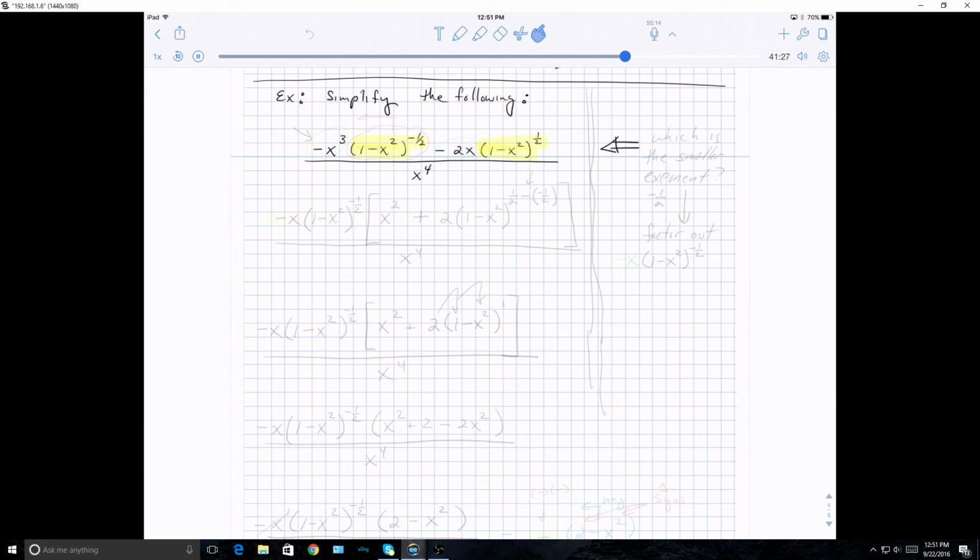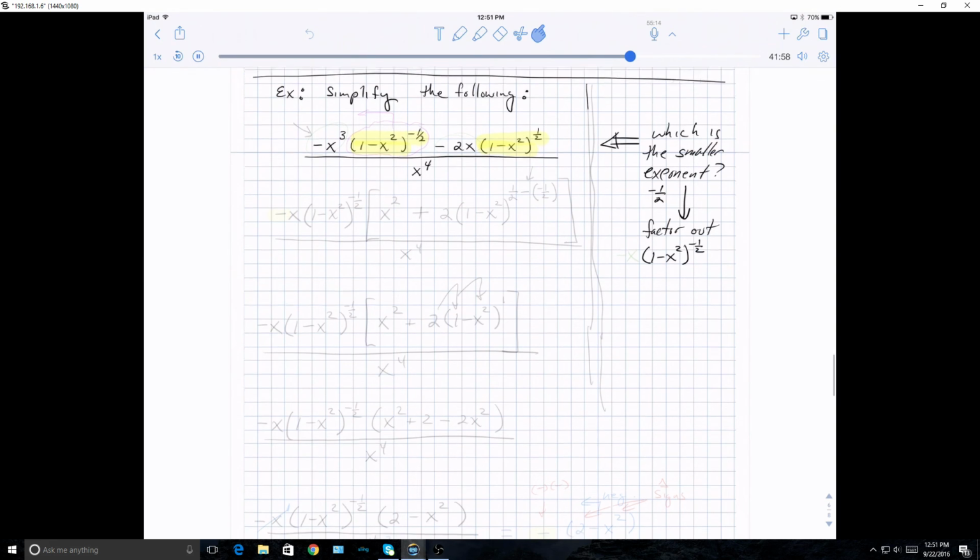And what we have to ask ourselves is, which is the smaller power, or the smaller exponent? In this case, the exponent is negative 1/2. So what that tells us is that we can factor out a 1 minus x squared to the negative 1/2.